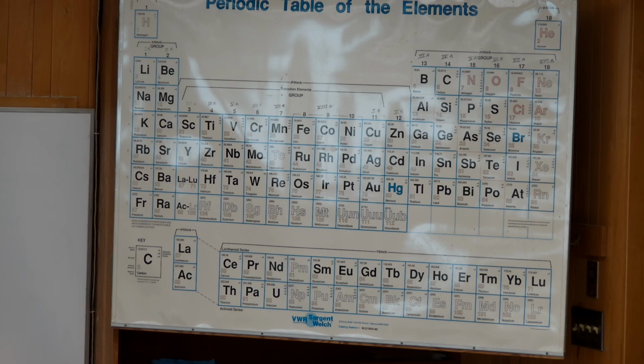Question 2. It asks you how many molecules of water are there in 2.56 moles of water. So it asks how many molecules, and they tell you moles.